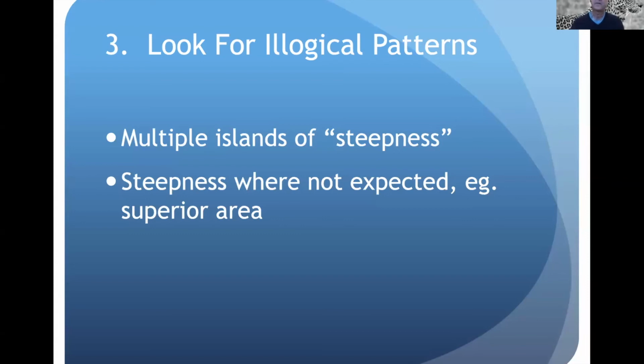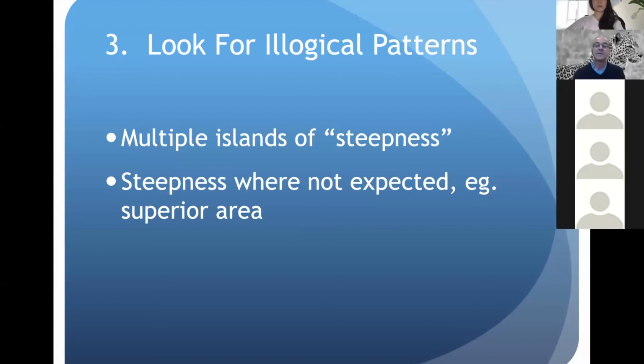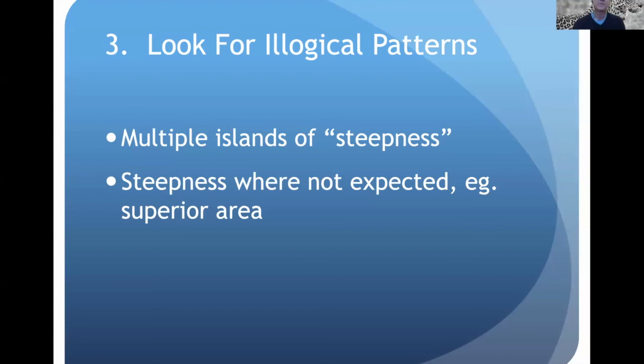And then the third thing to look for is illogical patterns. Everything has to make sense. So if you've got these multiple islands of red, you've got to wonder, is this really a true representation, or is there something else going on there? Or let's say, for instance, you get steepness where it's not expected.